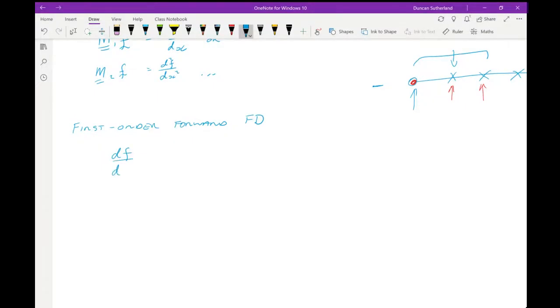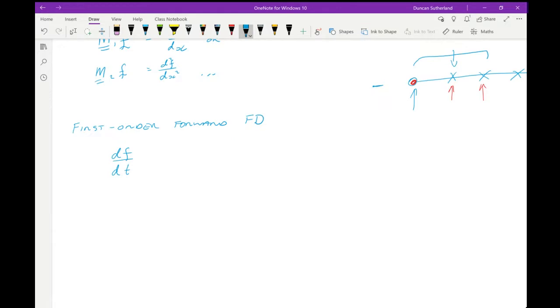Now, here we use order to talk of the derivative, not the accuracy of the scheme, right? So we have to know a little bit more information.